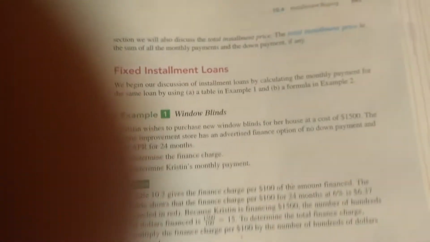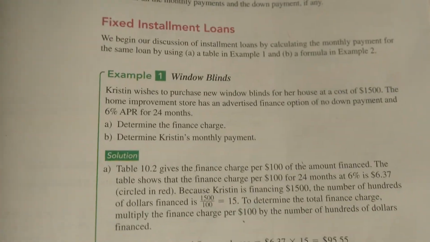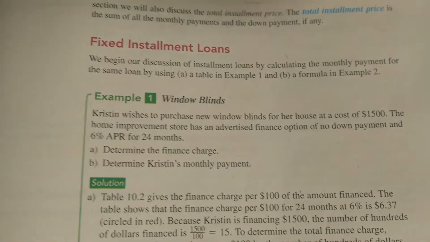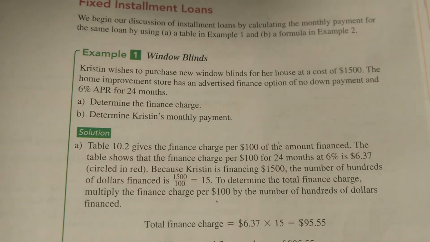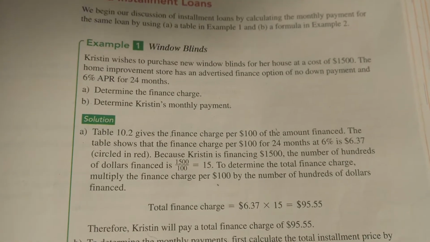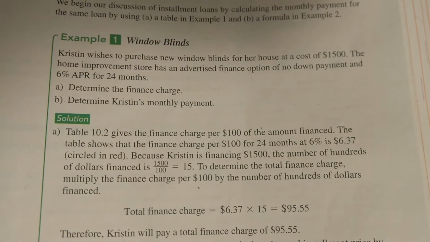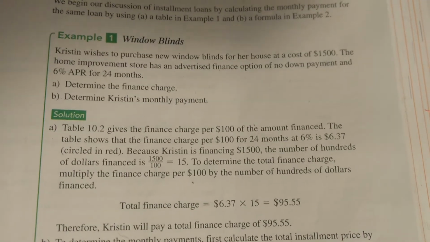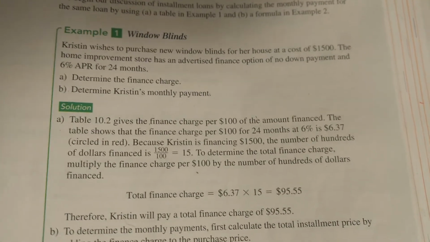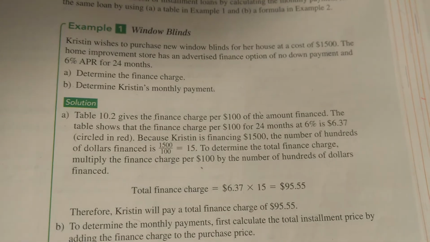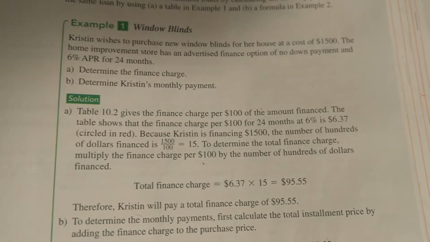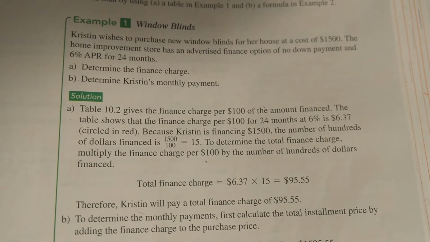Here's an example problem. This is example 1 on page 593. It says Kristen wishes to purchase new window blinds for her house at a cost of $1,500. The home improvement store has an advertised finance option of no down payment and 6% APR for 24 months.